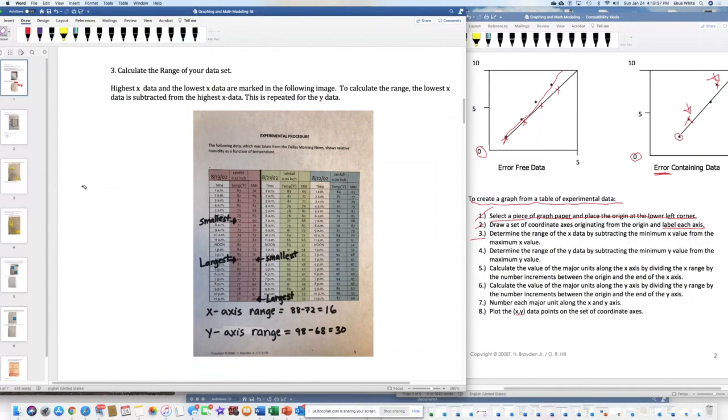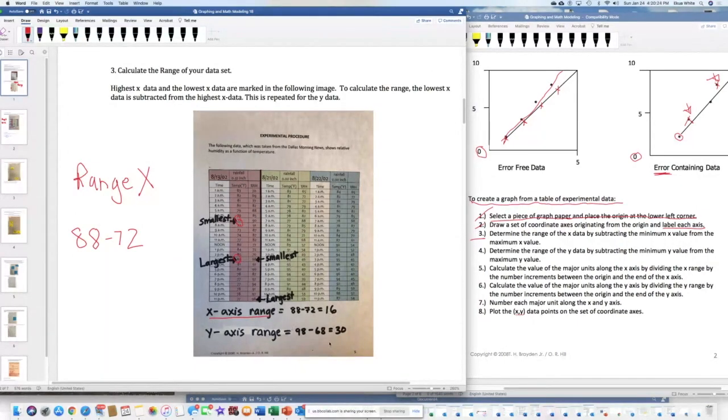So the range for x will be this subtracted from that. The big one minus the small one: 88 minus 72. So that's the range.